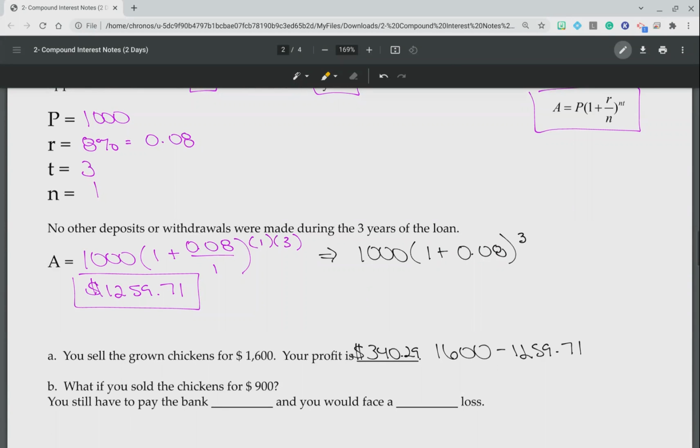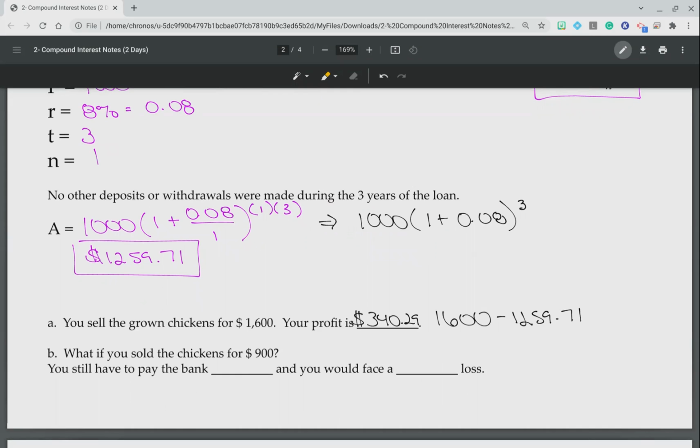All right, now here's an interesting question. It says, what if you sold the chickens for $900? Well, let's see. You know that you still have to pay the bank $1,259.71, right? That's how much money you have to pay the bank back on your loan. So if I take that number and subtract 900 from it, I get $359.71.